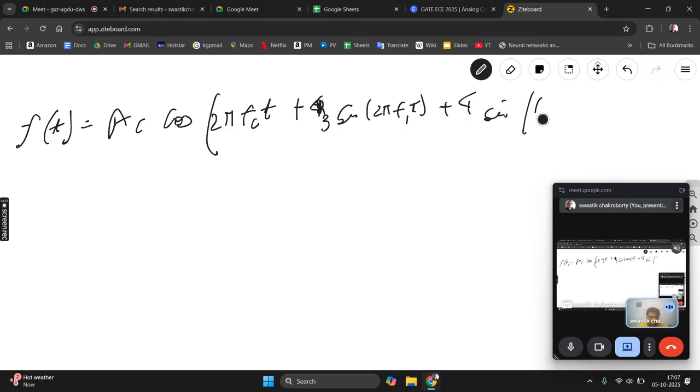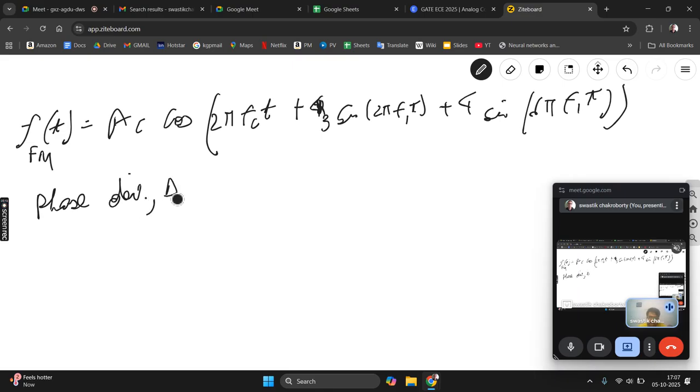So what is the maximum frequency deviation? To calculate the frequency deviation for this FM, we first have to calculate the phase deviation.